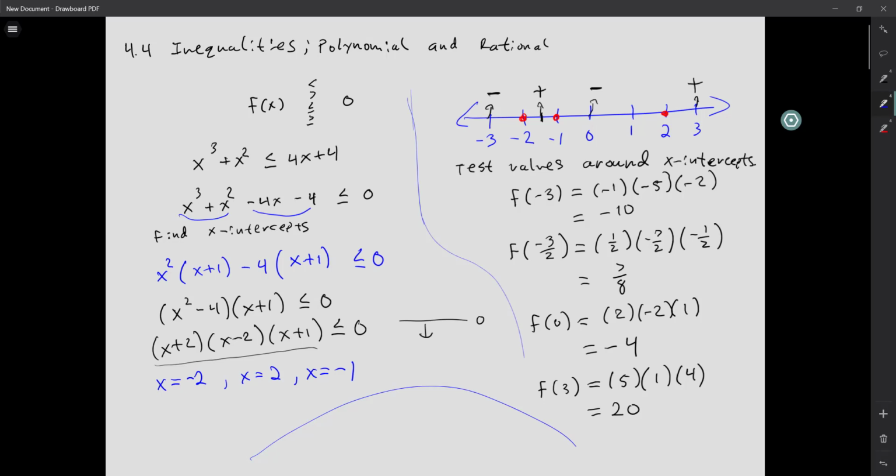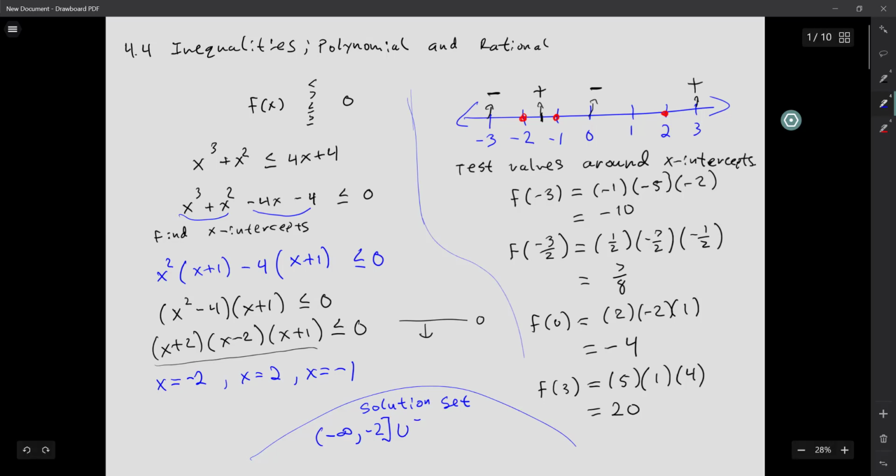So I'm looking at the negative parts. So my solution is going to be -infinity up until I get to -2, because that's my first x-intercept. And I'm going to block that off because I had less than or equal to. I skip over this next interval because it's positive there.